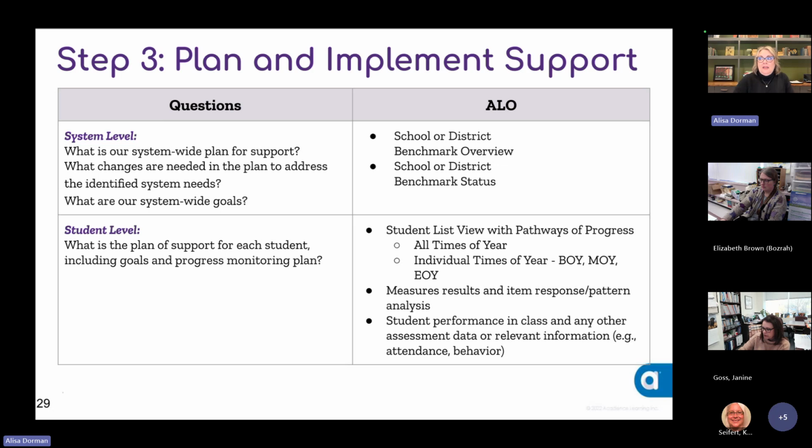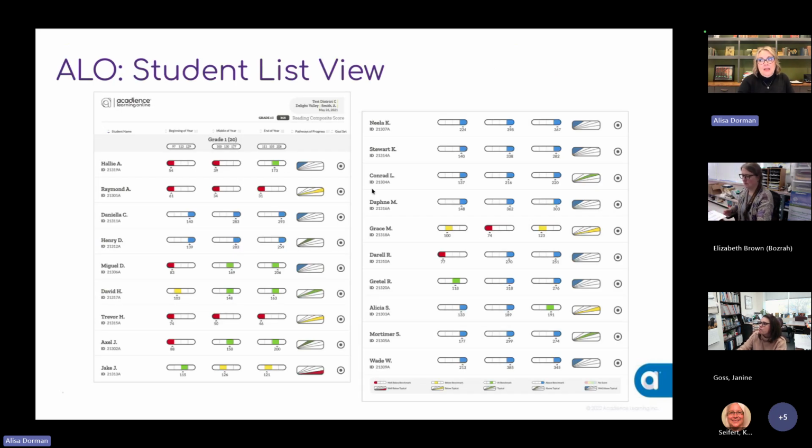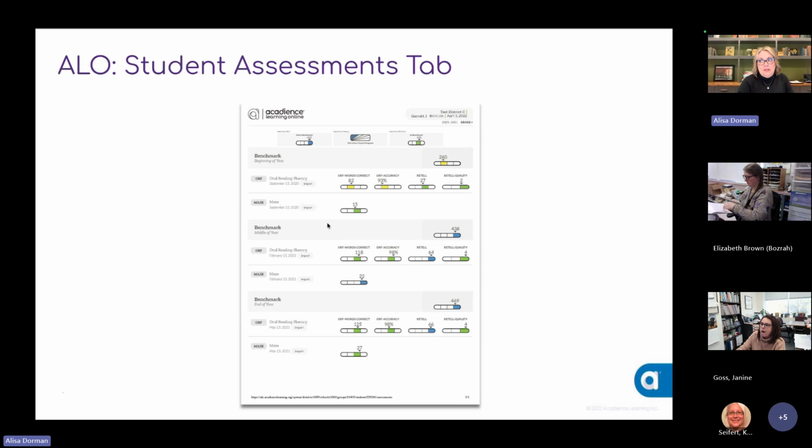You could look again at the student list view with pathways of progress as a growth indicator. You could also drill in when you plan support. You can drill into the individual item response patterns of students, and you can say, okay, here's a student list. Now I want to drill into the way that the student is performing in measures.